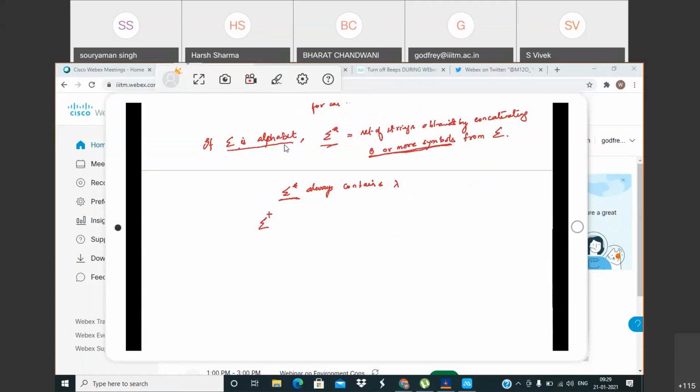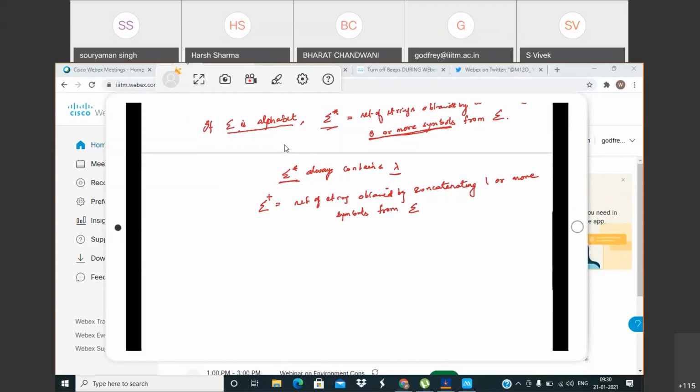Sigma star contains lambda. Sigma plus is the set of strings obtained by concatenating one or more symbols from sigma, so it's going to be sigma star minus lambda.